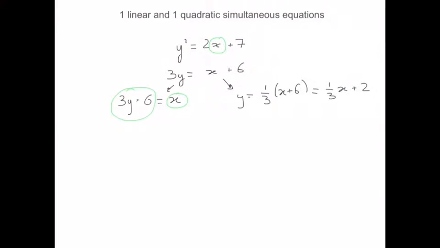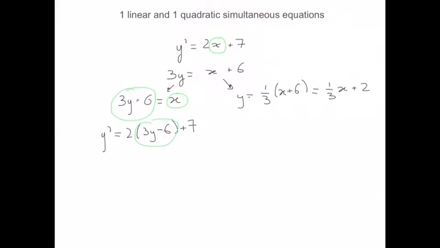We get y squared is equal to twice x, which is 3y minus 6, plus 7. You see, I get exactly the same thing as I had before here, but this x has been changed for 3y minus 6.